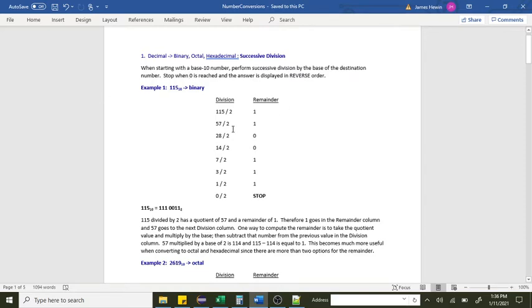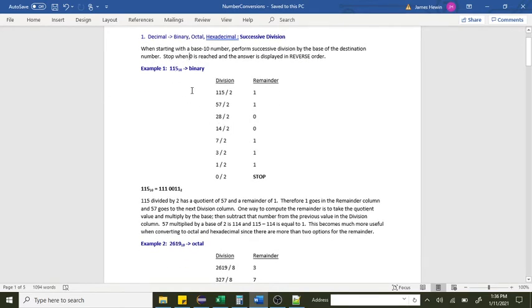So let's look at this example. I've got 115, and here's the division, 115 divided by 2. That's going to give me 57 with a remainder of 1. Then, as you keep going through, 57 divided by 2 will give me 28 with a remainder of 1. 28 divided by 2 will give me 14 with a remainder of 0.